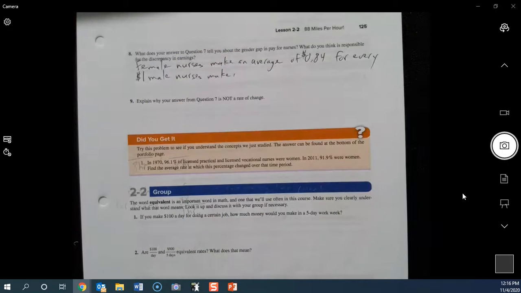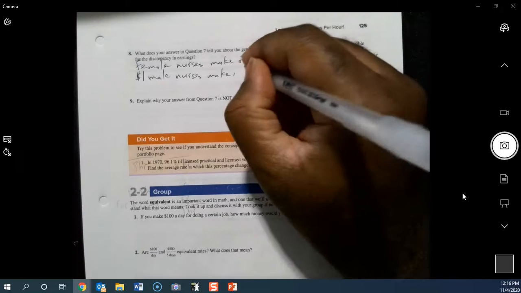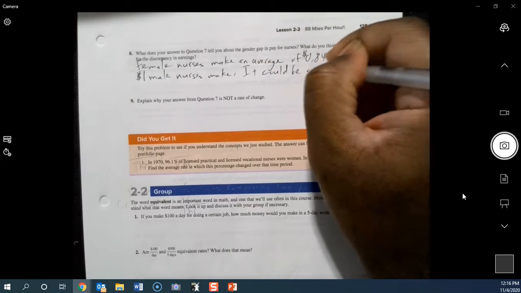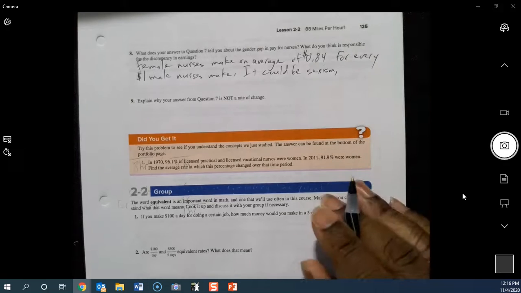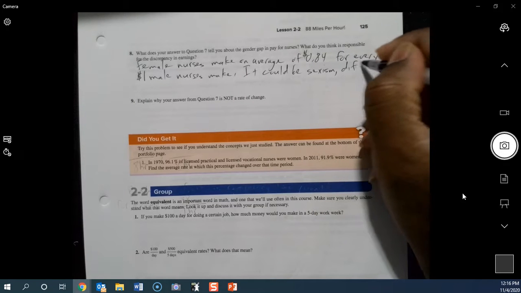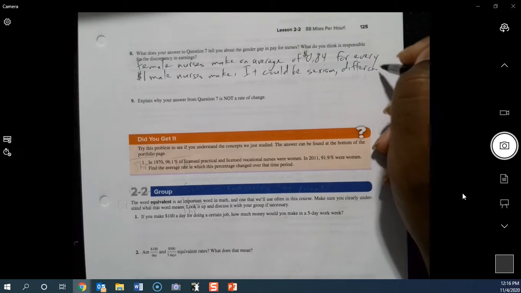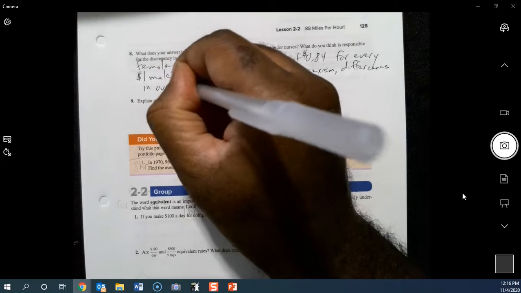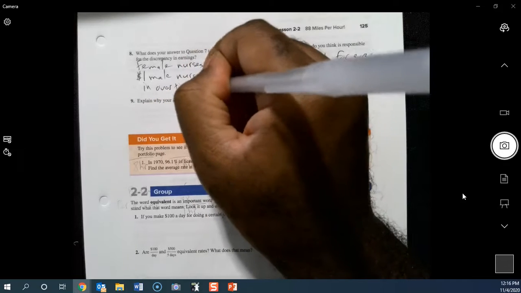Okay, now they also ask us, what do you think is responsible for the discrepancy in earnings? It could be sexism, differences in overtime, etc.